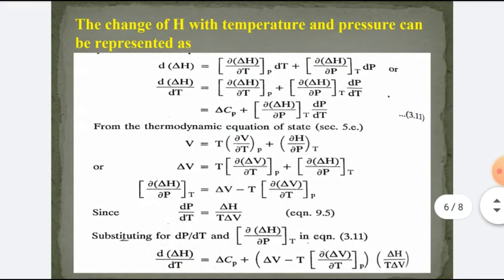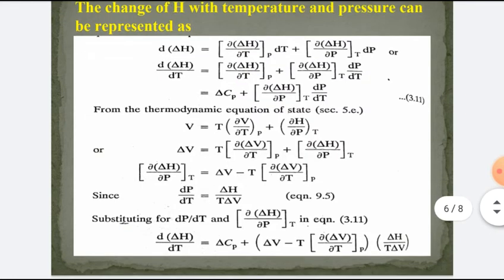The change of enthalpy with temperature and pressure can be represented as equation number 3.11 from the thermodynamic equation of state. We know that V, the volume, will be equal to the change in enthalpy with respect to temperature at constant pressure and the change in enthalpy with respect to pressure at constant temperature.